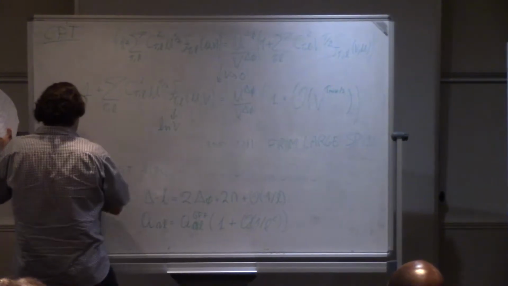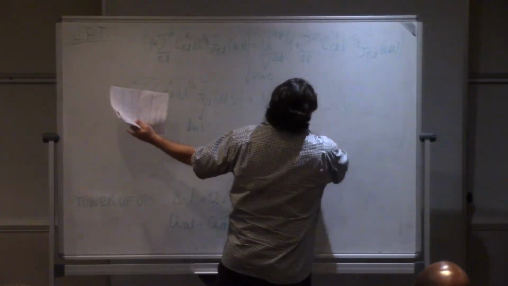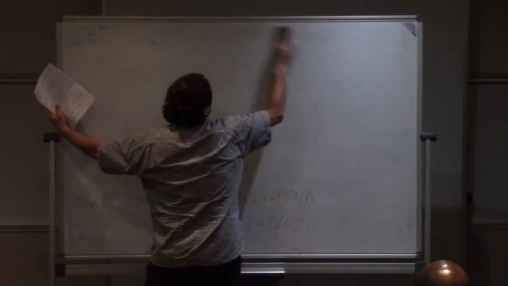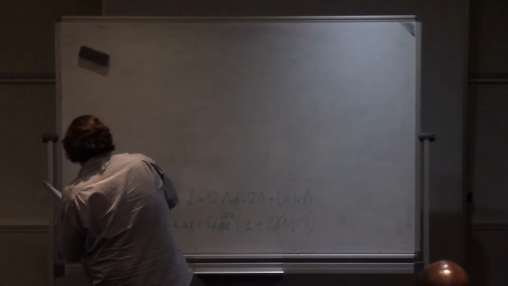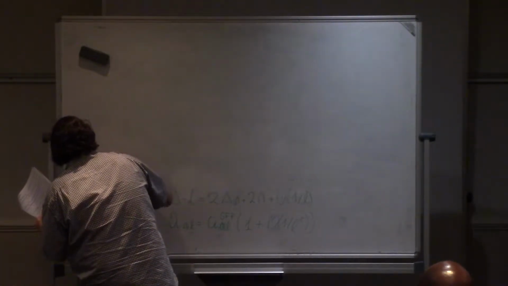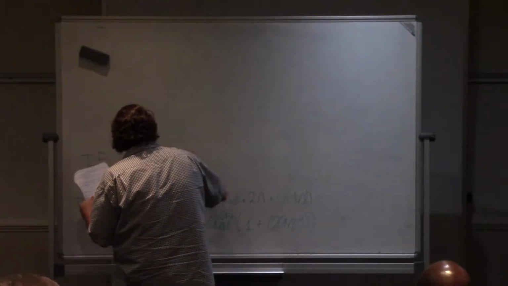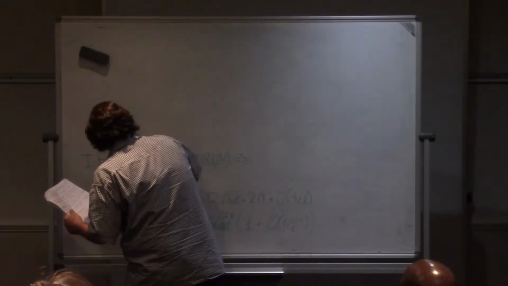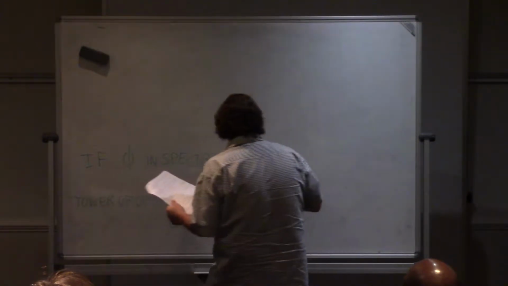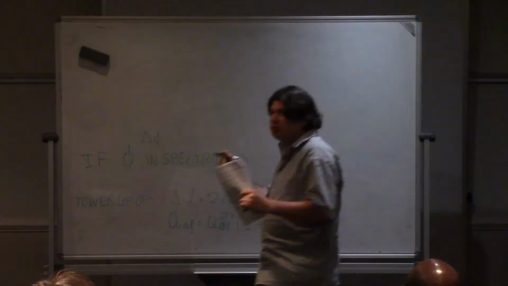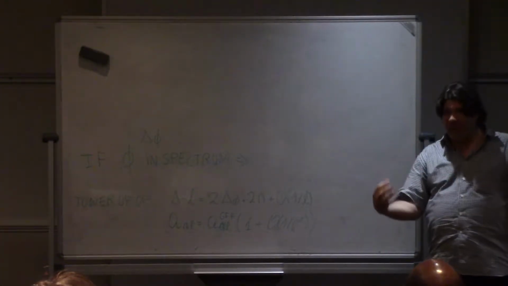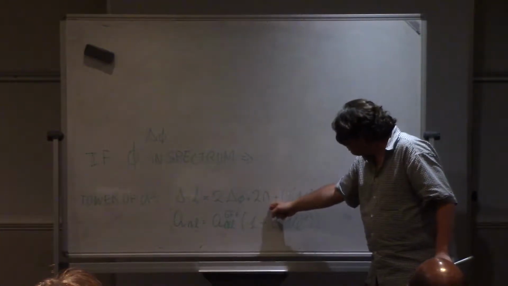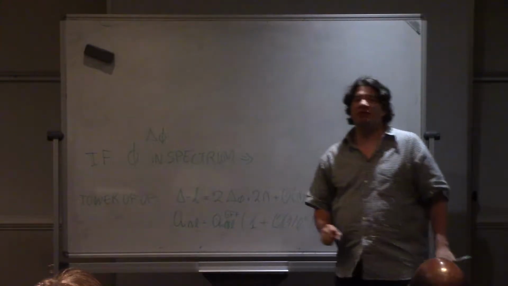Any conformal field theory with phi in the spectrum with some delta phi should also have infinite towers of primary operators with arbitrarily large spins, whose dimension goes like this and whose OPE coefficients go like that.